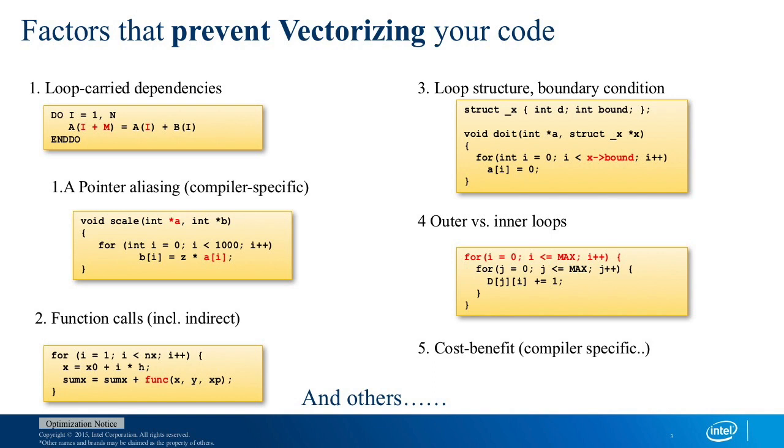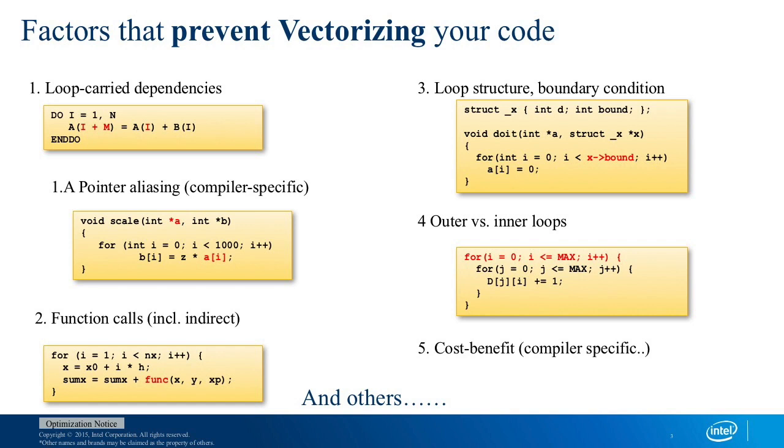Pointer aliasing, so the compiler does not know if it's probably the same vector on the right and left side here. And then function calls. You might have function calls inside your loop that prevent vectorization because the compiler does not know what happens.